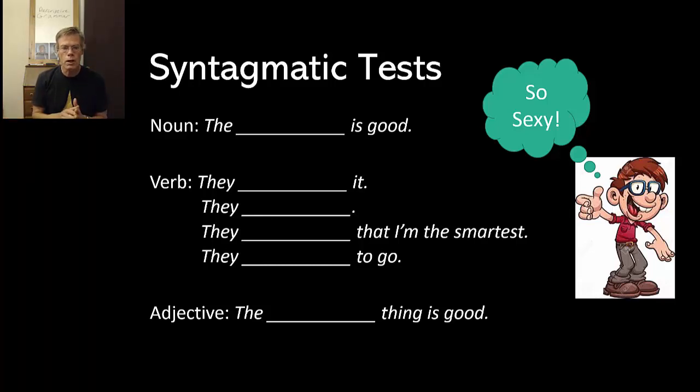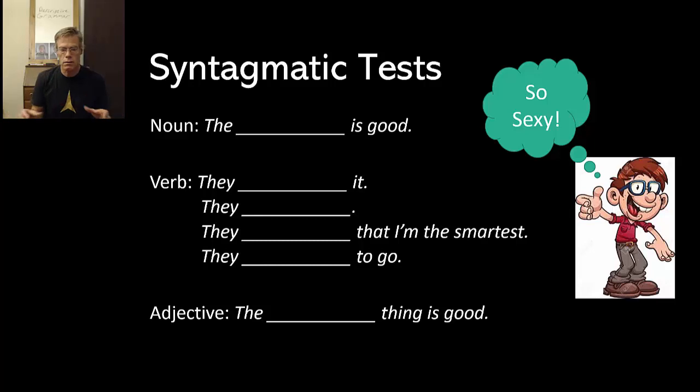For a verb, you can have several blanks because there's different types of verbs. So you can say, they kicked it, they saw it, they licked it. Or it could just be a complete sentence by itself, like they blanked, they ate, they dreamed, they slept.